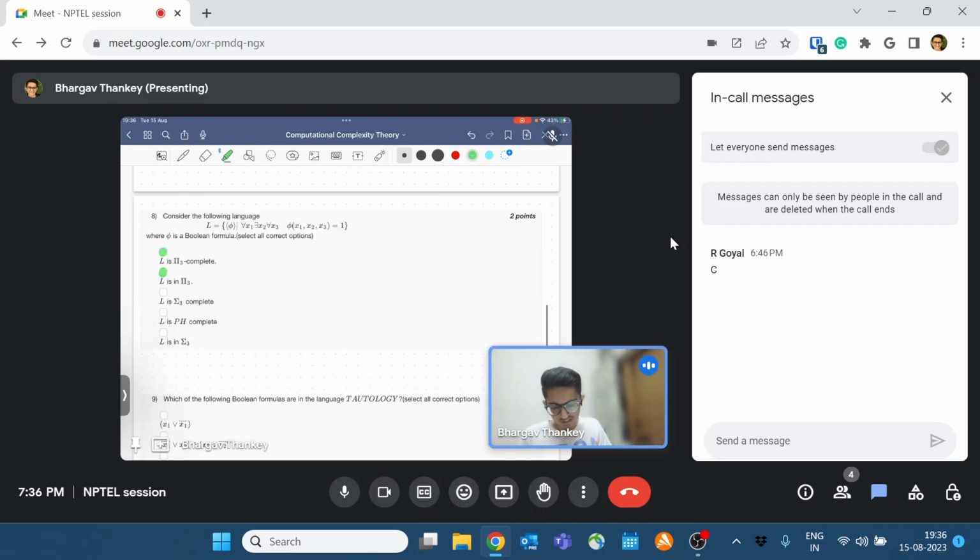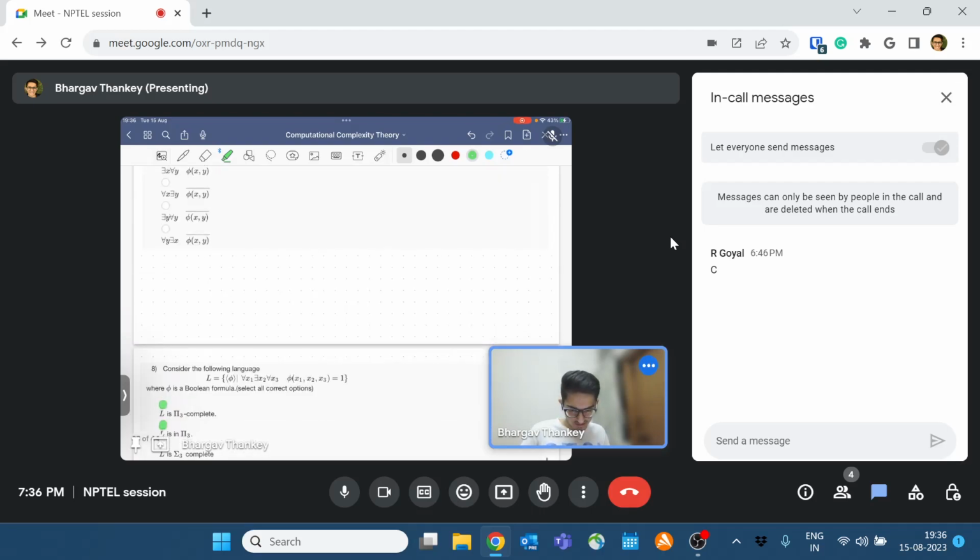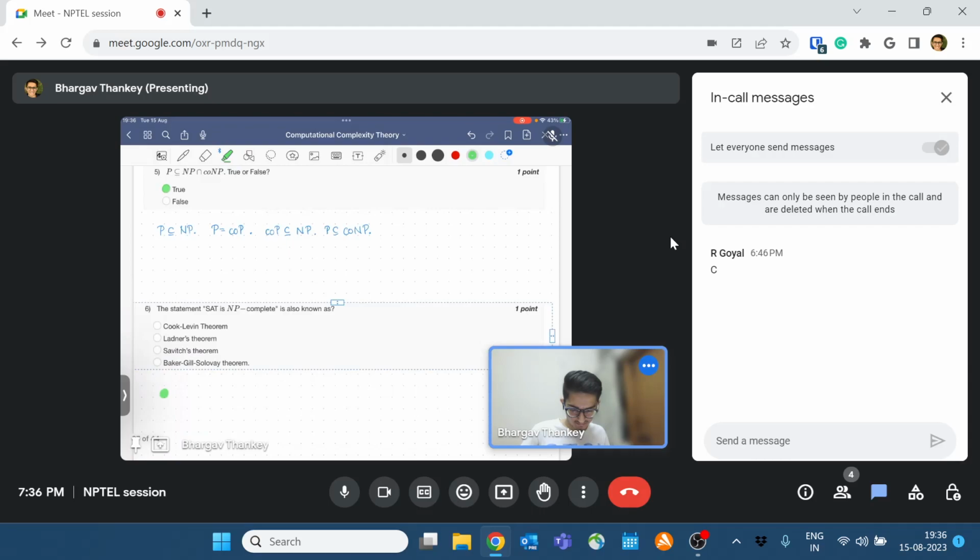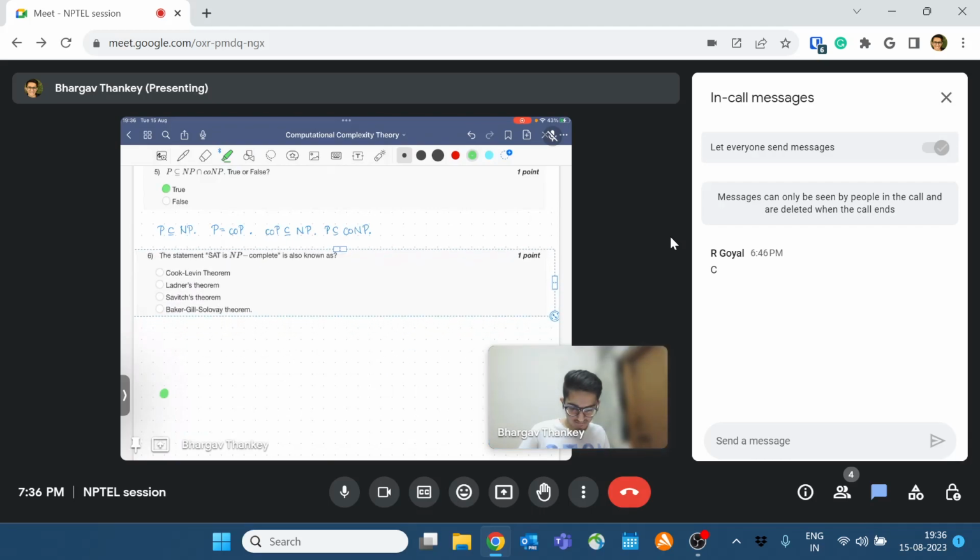A is also true. I thought this was covered in class, but okay, so the reason is this. If it is not covered, I can quickly prove it.